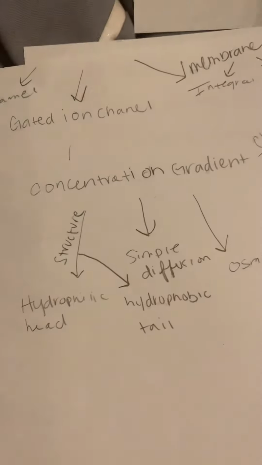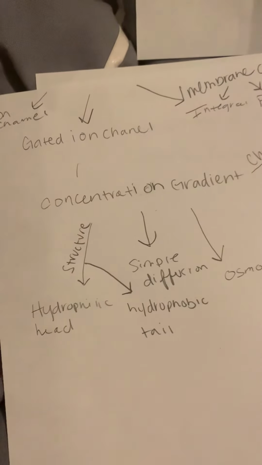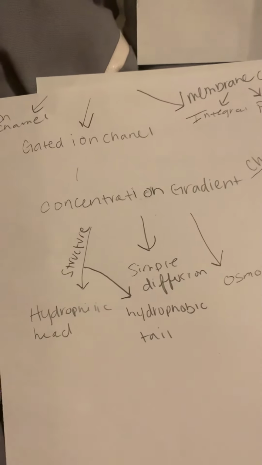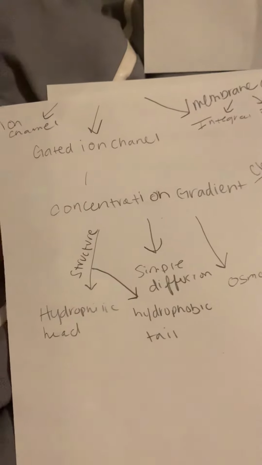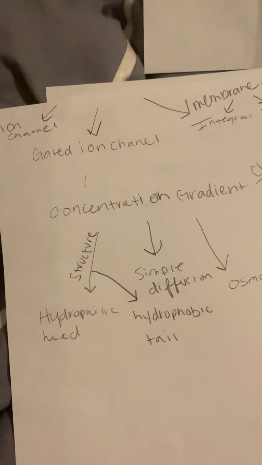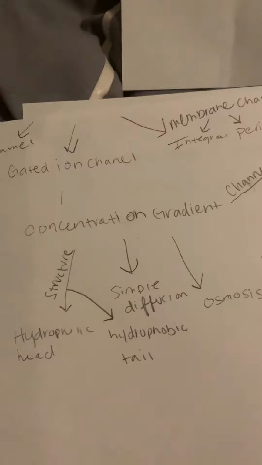And then from the gated ion channel, we go into the concentration gradient. And that is the gradual difference in the concentration of solutes in a solution between two regions.